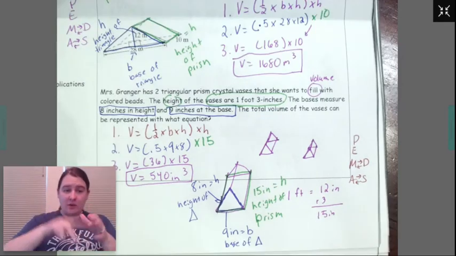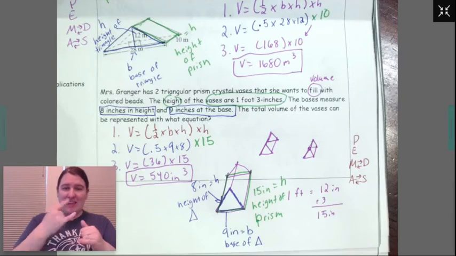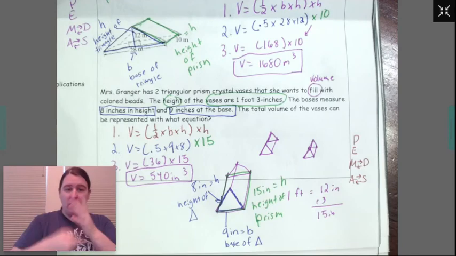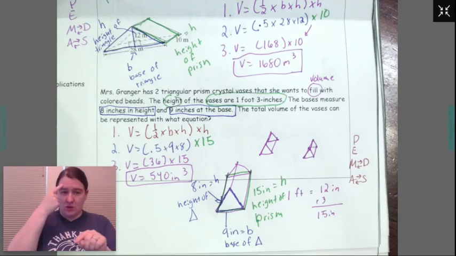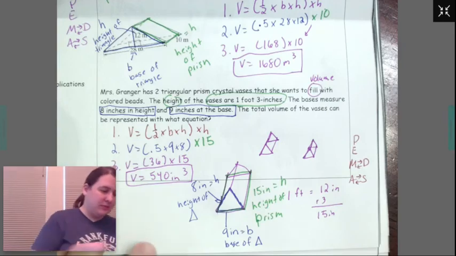Okay, that was the volume for one shape. So now the question asks for the total volume of both vases. And it needs to have both. We have the answer for 1, so we need to times it by 2.